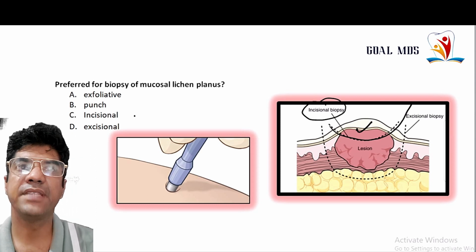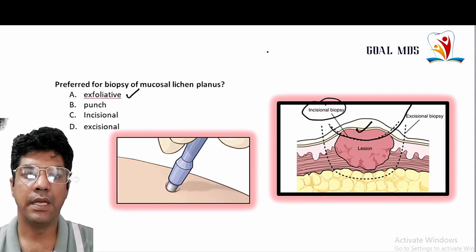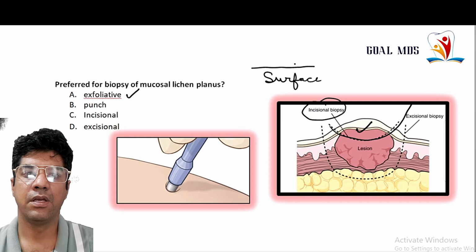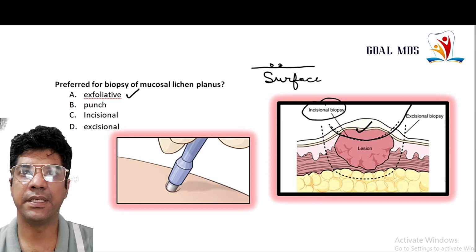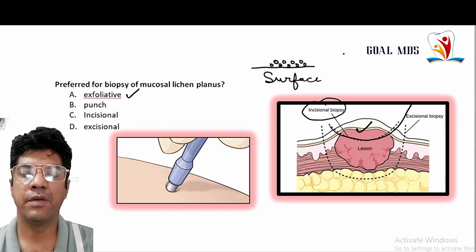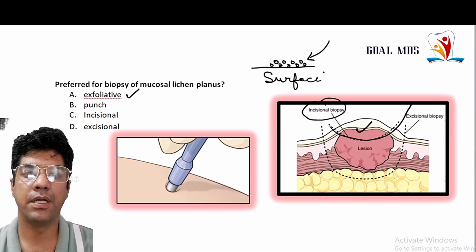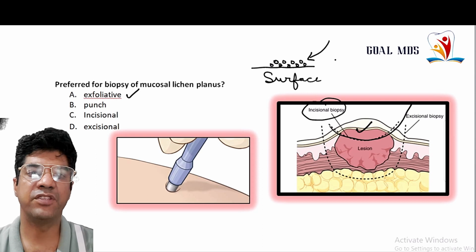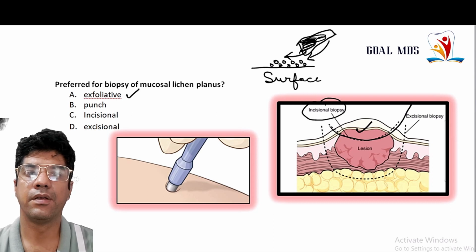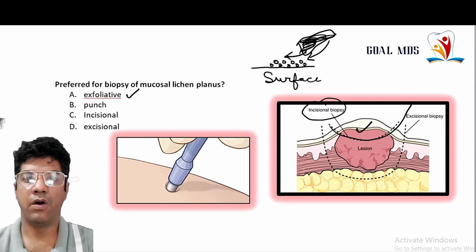Now, what is exfoliative cytology? It means this one is the surface of the lesion, so these cells are present. In exfoliative cytology, what we do is we gently scrape the cells from the surface of the lesion using a spatula or cytology brush.